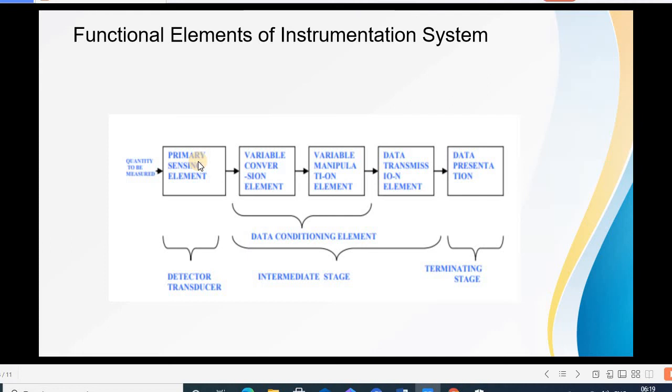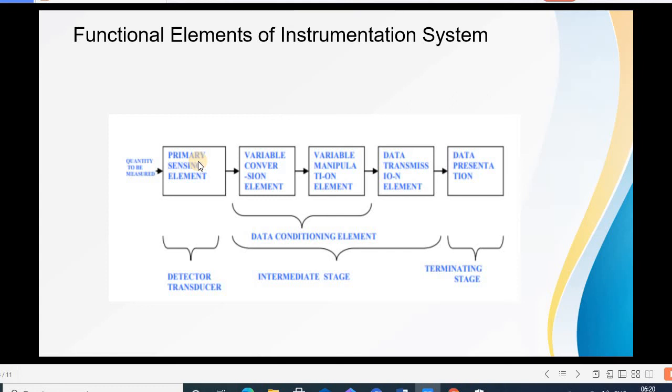Next is the variable manipulating element. Its function is to manipulate the signal while preserving its original nature. Whatever quantity or properties are there in the original signal, it will manipulate that signal by preserving the original nature.